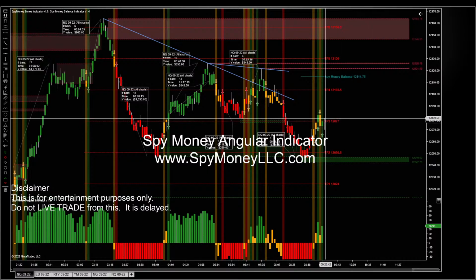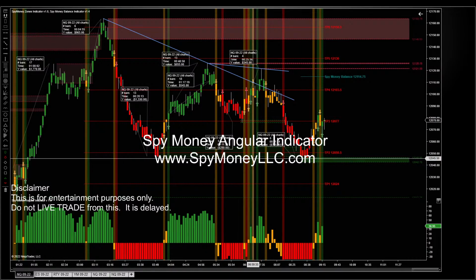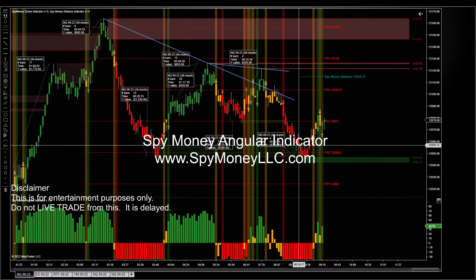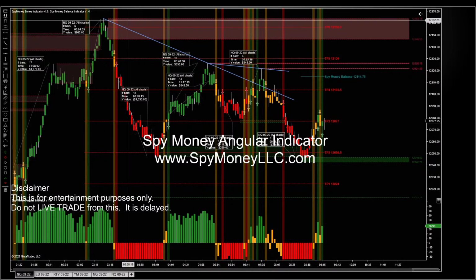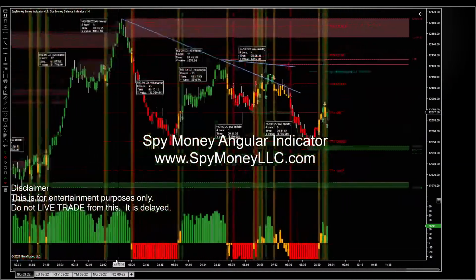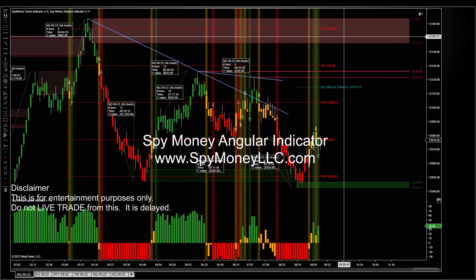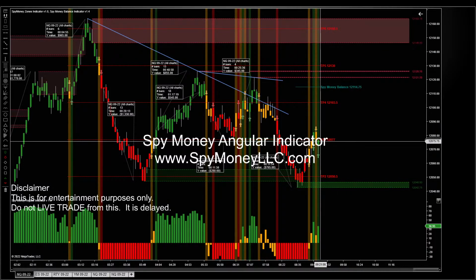I would say that more than likely this will probably, because we hit our support right here, and this is almost like a W, we're probably going to go back up and retest this to see what was the high. Yeah, that's the high of the day right there. So we're probably going to come back up into this area.